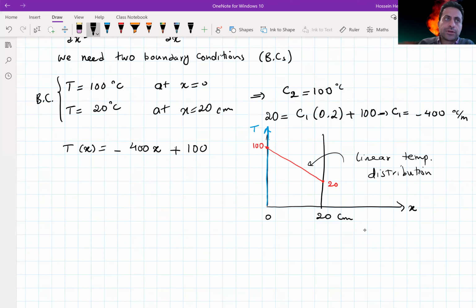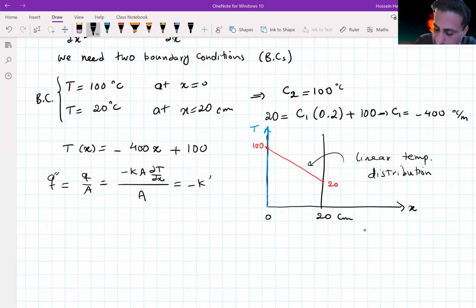Let's find out what the flux is. Q double prime, if you recall, is going to be Q over A, which is minus kA dT/dx, using Fourier's law, divided by A, which is minus k dT/dx. Now, Q double prime at x equal to 100 centimeter, this is what we have been asked.